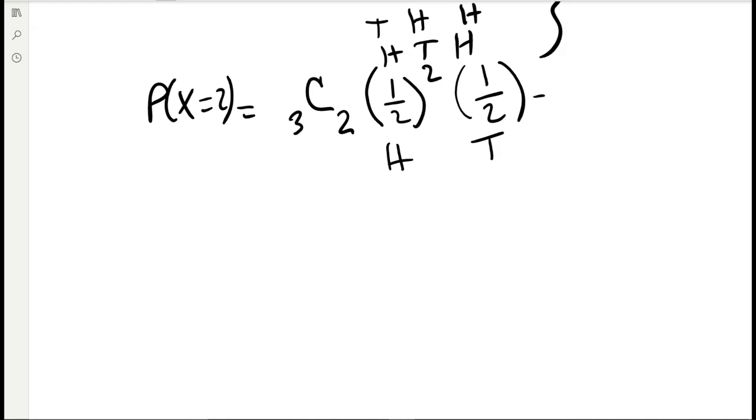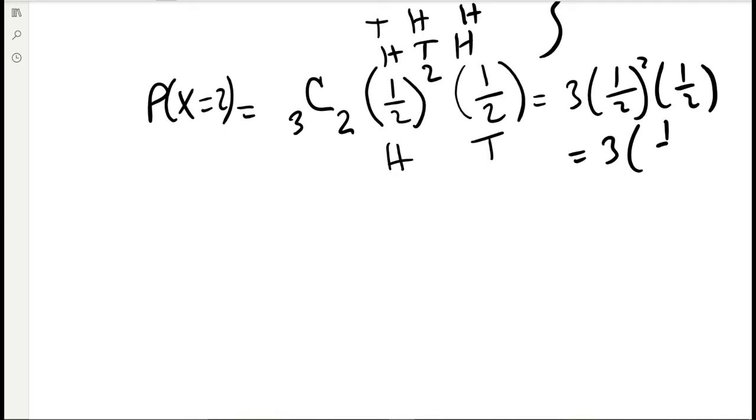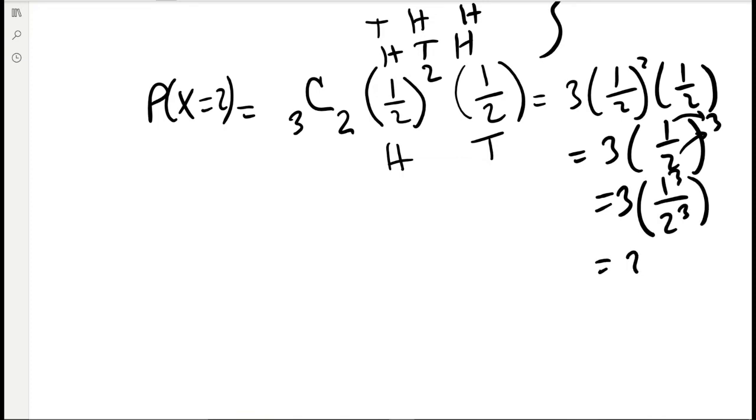It's going to be 3 times 1/2 squared times 1/2, or 3 times 1/2 cubed. And if you did that, you're going to get 3/8, because 1 cubed is 1 and 2 cubed is 8. And then 3 times 1/8 is 3/8. I'll go ahead and show my work here. This is going to be 1/2 cubed, and then it'll be 3 times 1/8, which is 3/8. Okay, same answer that we got before.